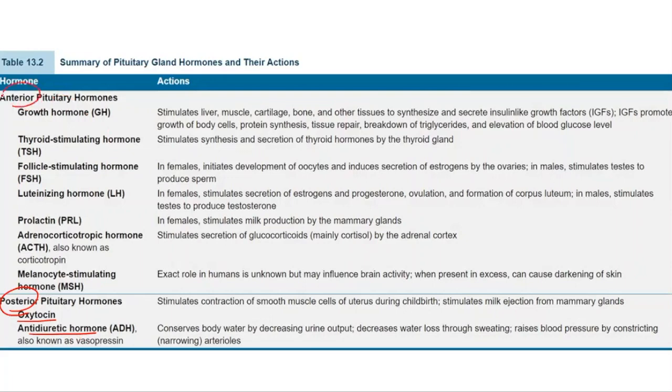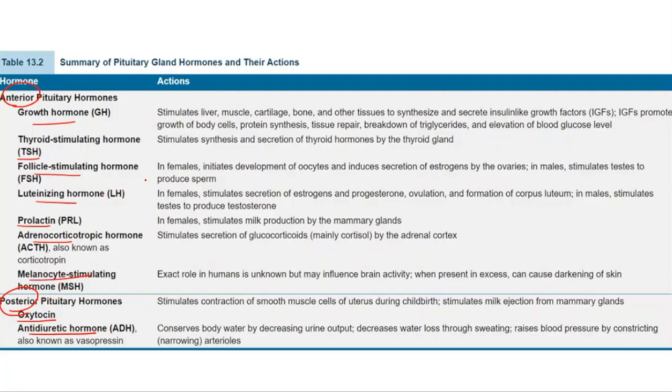Anterior lobe is different, right? Anterior lobe is going to produce its own hormones, trophic factors. And they include growth hormone, TSH, which stands for thyroid stimulating hormone, follicle stimulating hormone, luteinizing hormone, prolactin, adrenocorticotropic hormone, and melanocyte stimulating hormone.